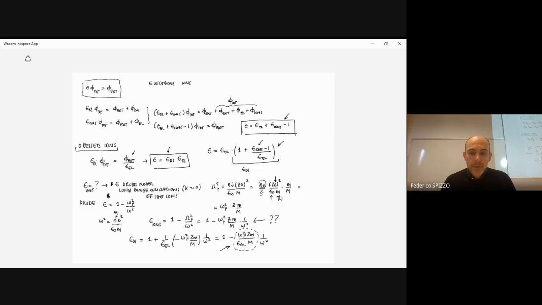If you remember the spring-mass problem, the square of the frequency is related to the constant of the spring, K, divided by the mass of the sample that you connect to the spring.